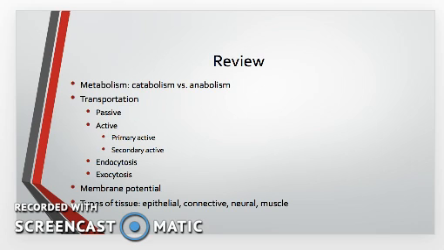Active transport consists of primary active transport and secondary active transport. And then secondary active transport is broken down into two categories, symport and antiport. And then endocytosis is phagocytosis, and then she has exocytosis written down there as well.